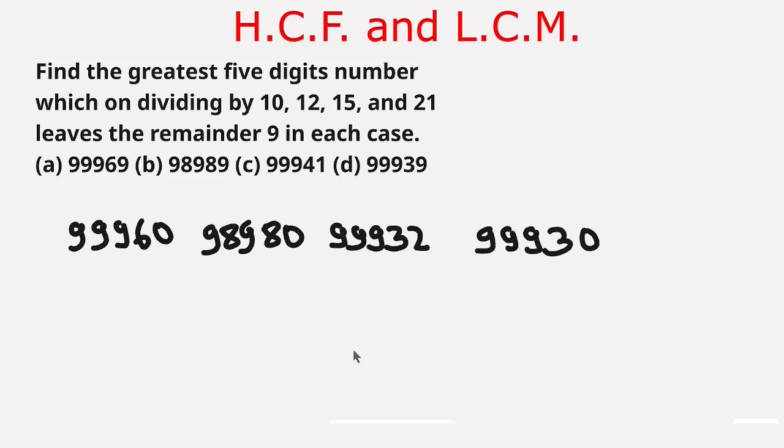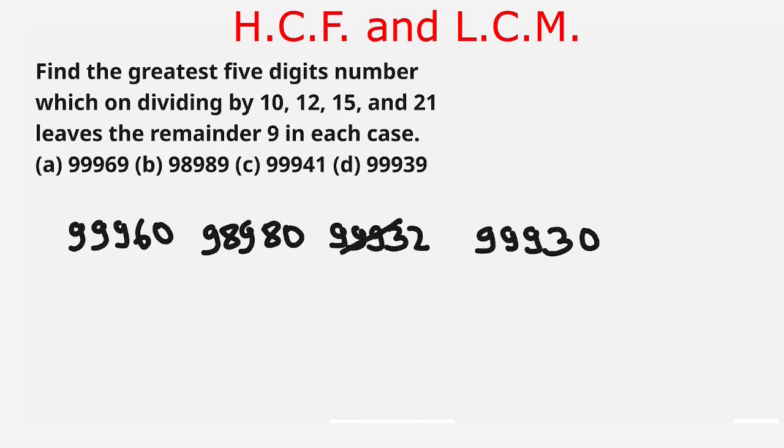As the given numbers are 10, 12, 15 and 21, which includes 10, it means that the number after subtracting 9 must end with 0. So option A ends with 0, option B ends with 0, option C does not end with 0 and option D ends with 0. So option C is not possible.